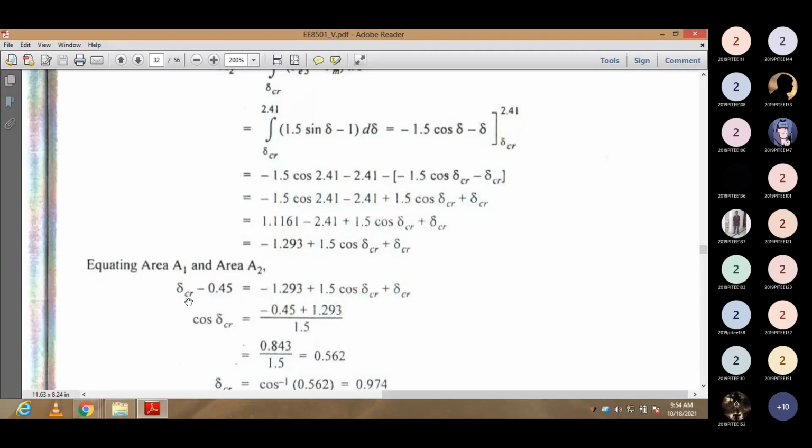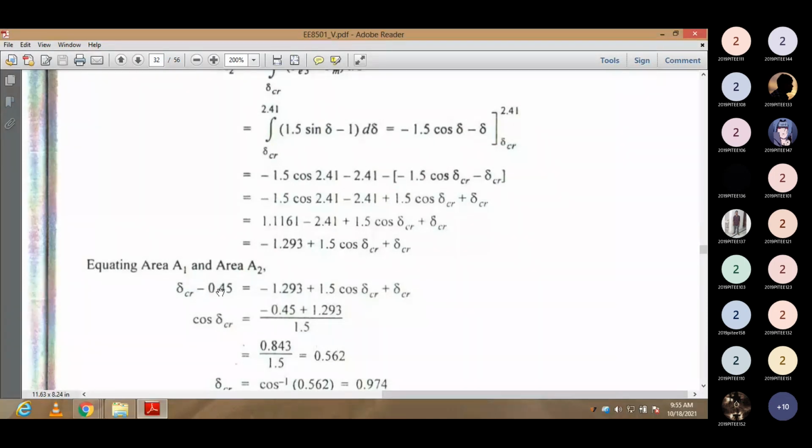Here it is plus del CR; if I bring it to the right hand side, it is minus del CR. So minus del CR plus del CR get cancelled. One issue is over. Now I keep 1.5 cos del CR here and move minus 1.293 to the left hand side.